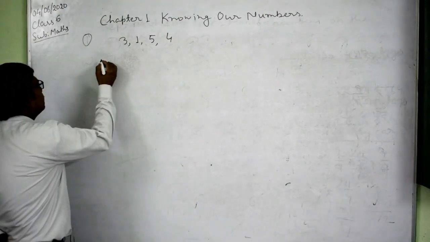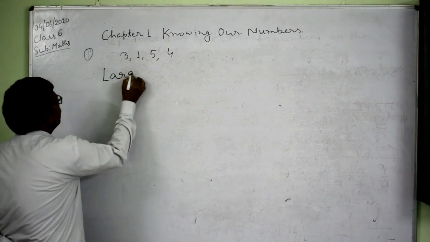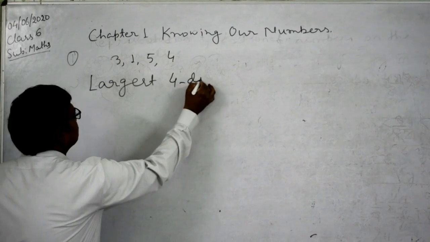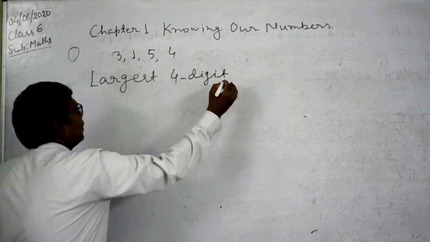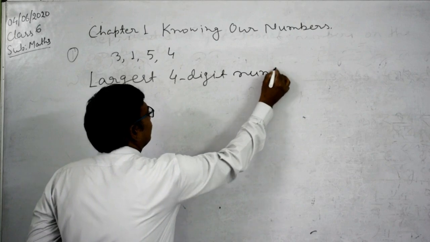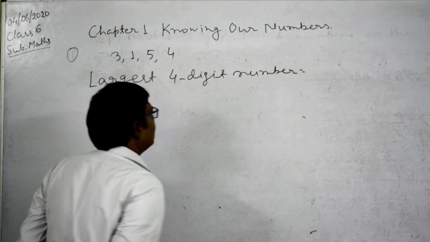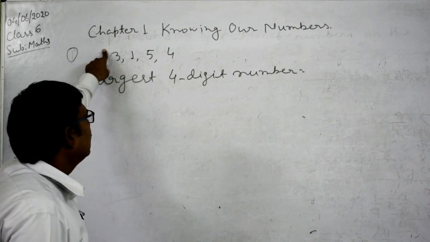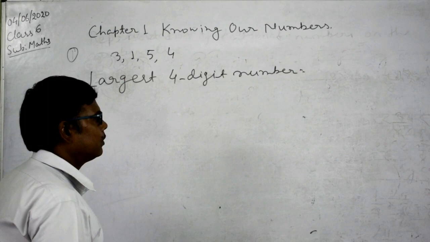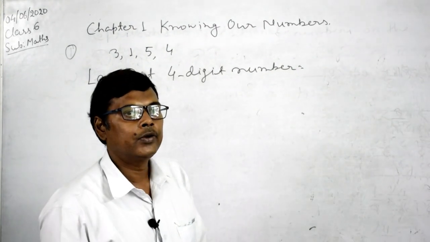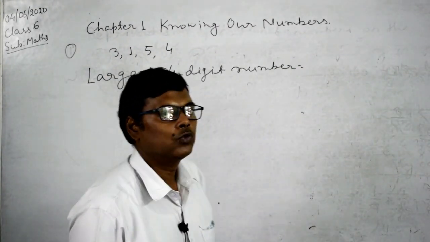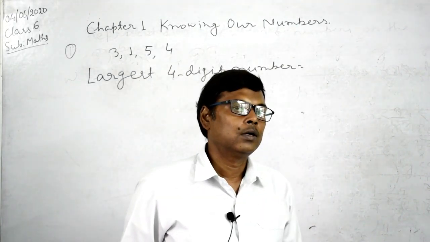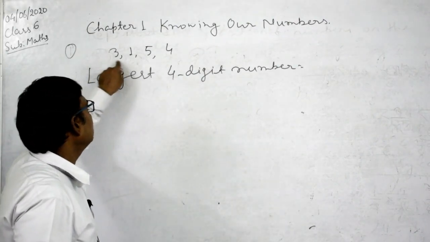So what is the largest 4-digit number? Here you will not say that the largest 4-digit number is 9,999, because we have to make the largest 4-digit number by using these 4 digits only.